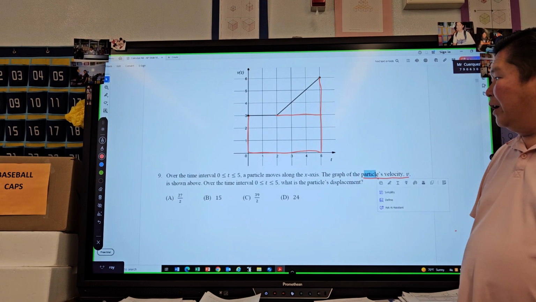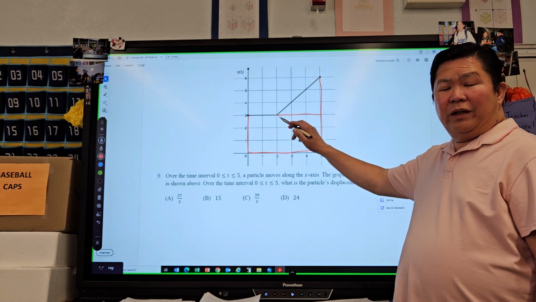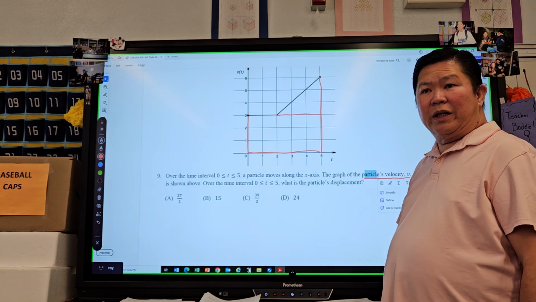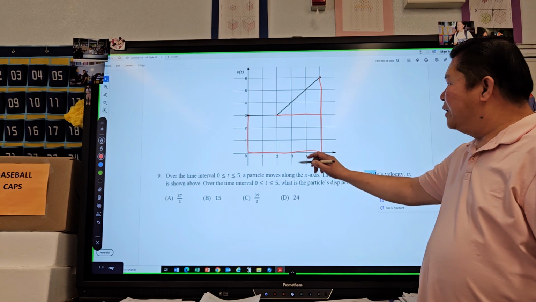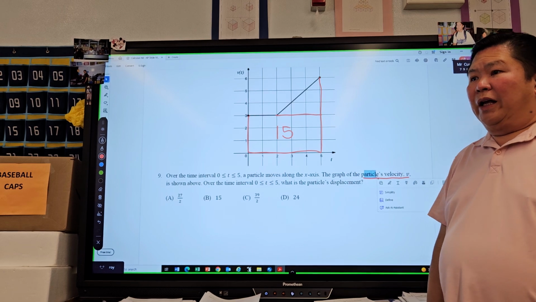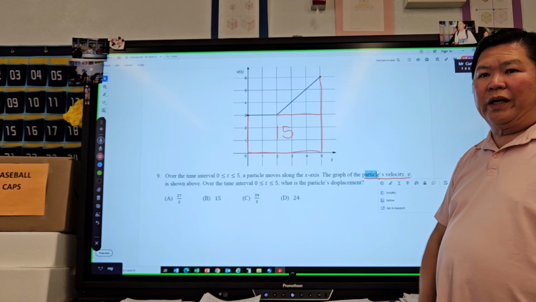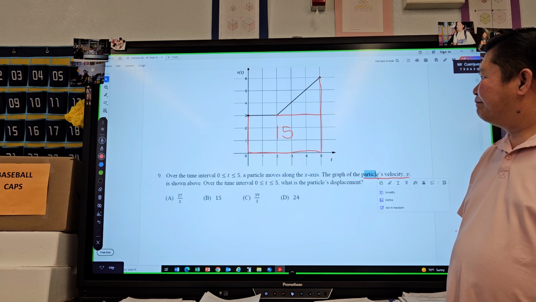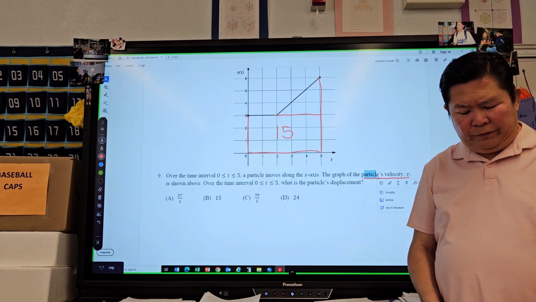15? Okay. Now, will you agree that in this rectangle there are 15 square units? 15. Okay. And then how about the triangle on top? 4.5?